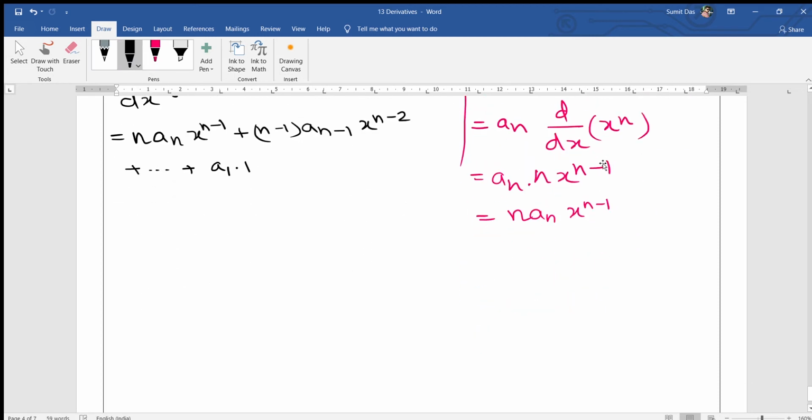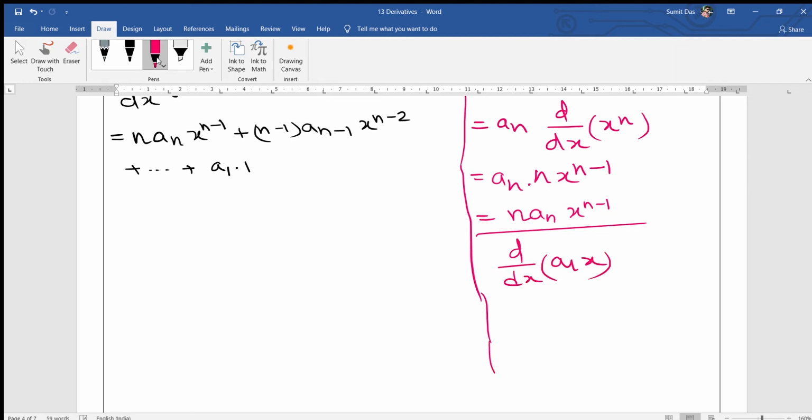I'm showing you d/dx of a_1 x. So a_1 is a constant, and it will come outside, so it will be d/dx of x.